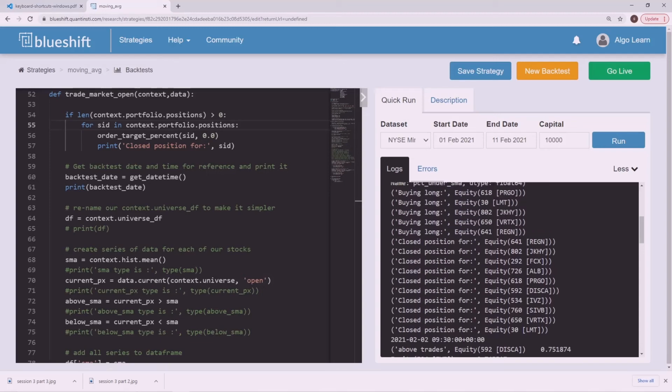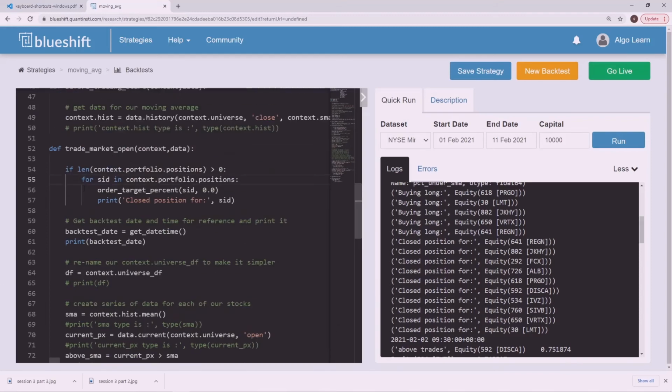So I want to take this print backtest date and put it in front of here, because that's why I got confused for a second. It looked like I closed out my positions before the end of the trading day, because of the way I have this positioned. So let me change that right now. Let me just go ahead and copy.